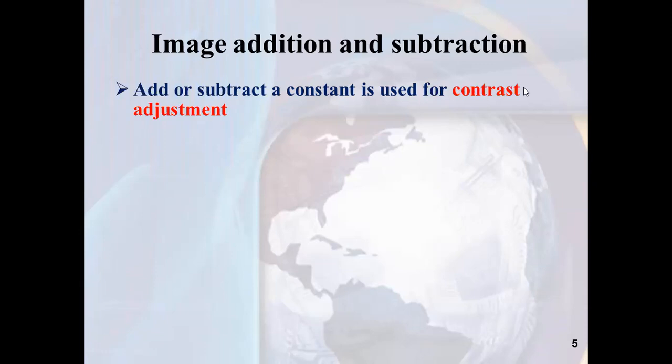This is what we call contrast adjustment. So IA equals IB plus C or IA equals IB minus C, which means that we have the original image IB with the intensity of each pixel I, and we add a constant C to every pixel. And the resultant image is the image A with intensity I, and similarly for IA equals IB minus C.